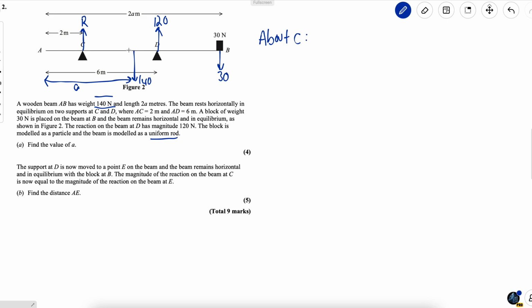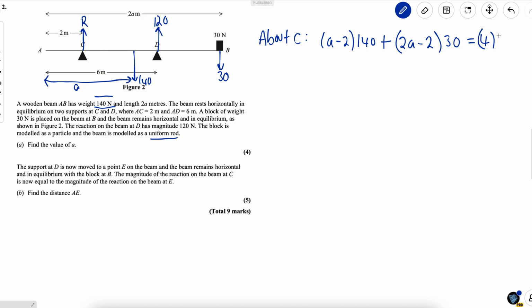This length is a, take off the 2 and you have a minus 2, multiplied by 140. This length of the whole rod is 2a, take off the 2, we have 2a minus 2 for the distance between here and here, multiplied by 30, equals, and the distance from A to D is 6 meters, minus the 2 is 4.